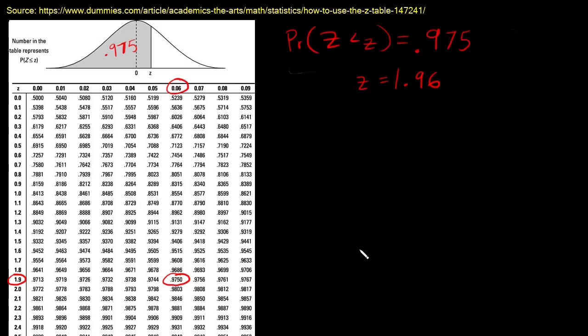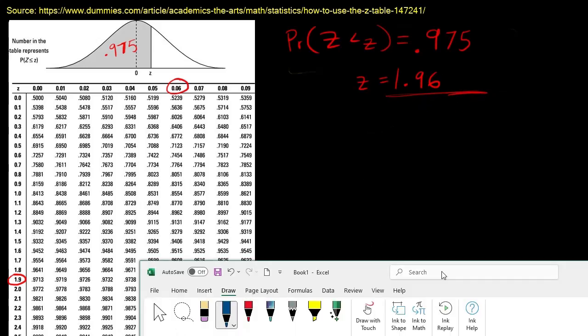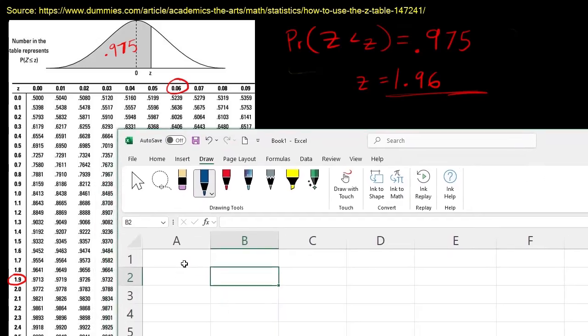And how do I do better using Excel? How can I find more decimal places, a better approximation to the exact value? Well, I can go to Excel, and in this example, basically I'm doing an inverse function of this normal distribution.